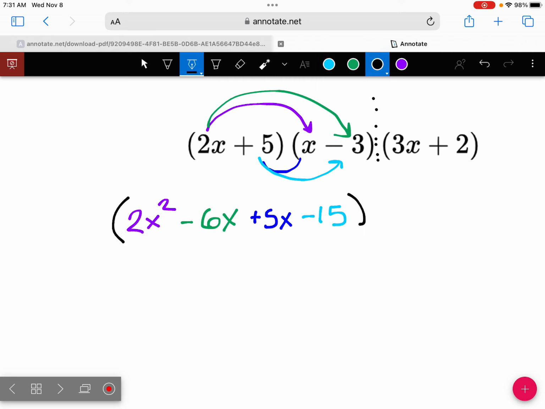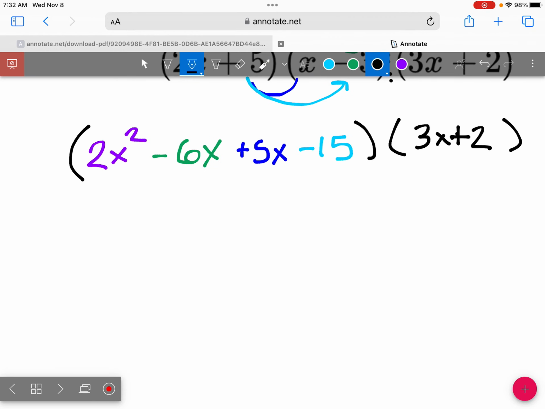These guys are all still living in a set of parentheses because this 3x plus 2 is still out here. So before I start distributing again, I want to simplify my left-hand one. I don't want to have to deal with more things than I have to.